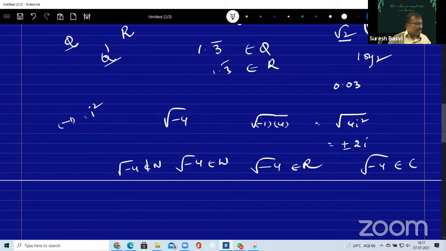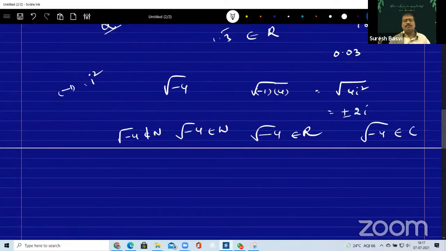Next, think and discuss. Can you write the set of rational numbers listing elements in it? Raicha, can you write?